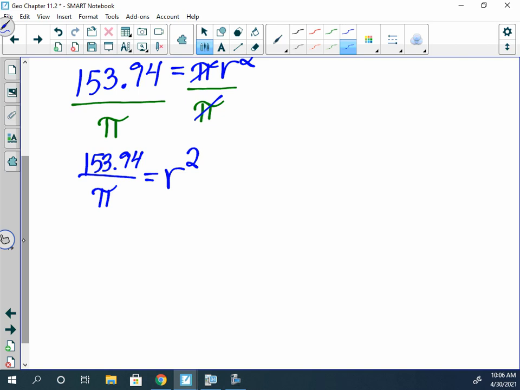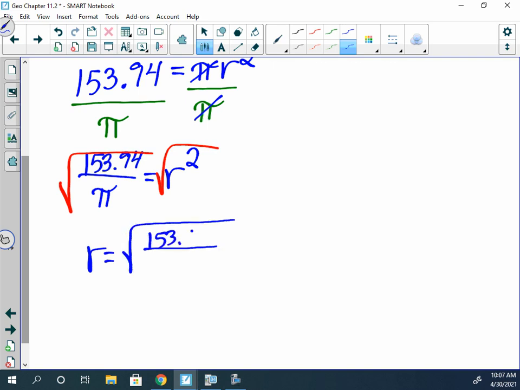Any questions on how we got to this point here? So what would we do next? We would square root both sides, which will tell us that r is equal to the square root of 153.94 divided by pi.